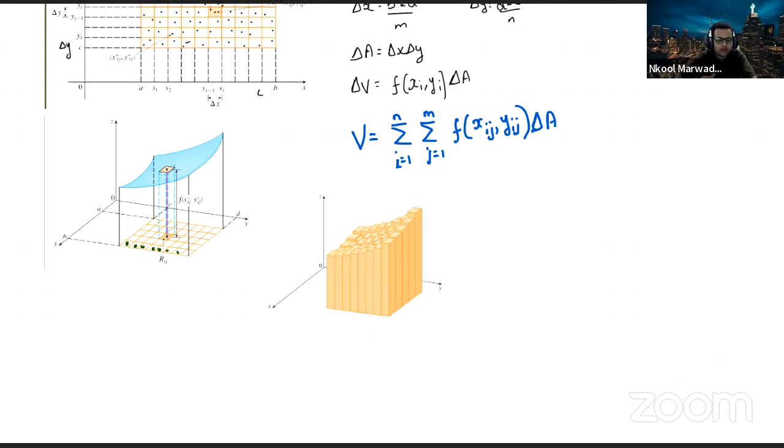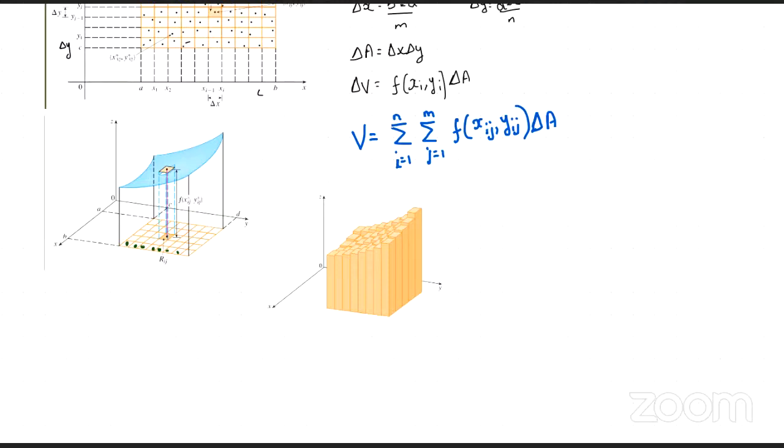And how will we do that? We will do that by breaking the AB region and CD region, that is M and N, making it infinity. If we break this region R into an infinite number of pieces, then every rectangle will be so small and the volume will be finer and finer.